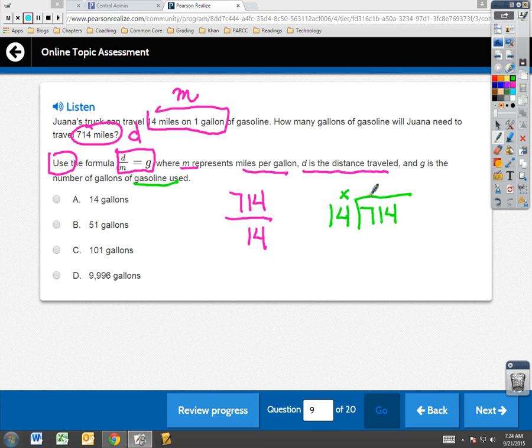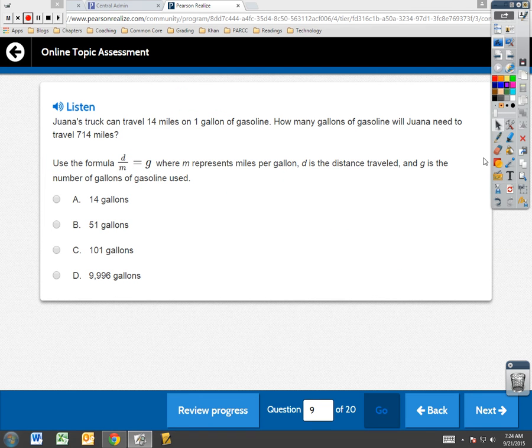So what times 14 will give me close to 71? Well, 14 won't go into 7, but it will go into 71, I think 5 times, which gives me exactly 70. That's 1. Bring down the 4. Hey, 14 goes into 14 one time. She will need to use 51 gallons of gasoline to cover that distance.